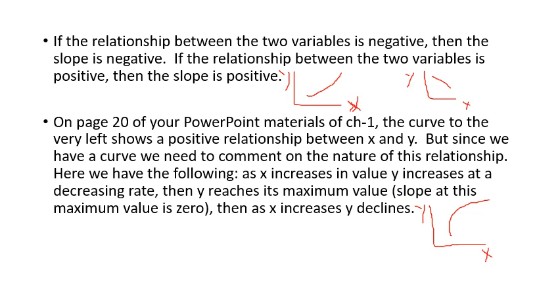Okay? It means that we have, in general, a positive slope. As x goes up, y goes up. But y goes up at a decreasing rate. Here we say that delta y divided by delta x, which is the slope, is positive, but as x goes up, y goes up at a decreasing rate, till you reach that point, and at that point the slope will be 0.